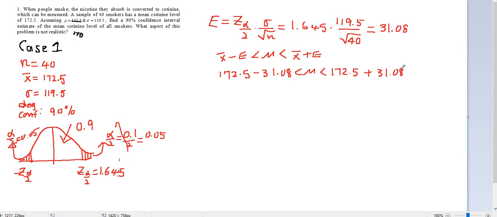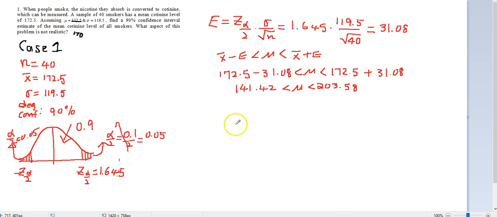We have 172.5 minus 31.08, and I have 141.42, and on the right hand side we have 172.5 plus 31.08, and I have 203.58. Okay, so that's going to be our confidence interval.